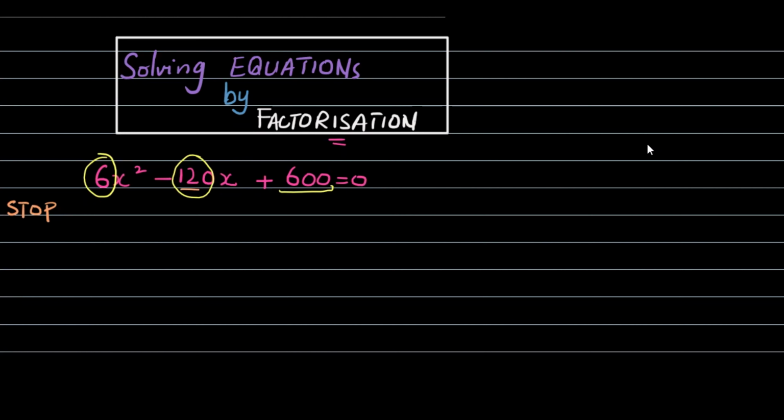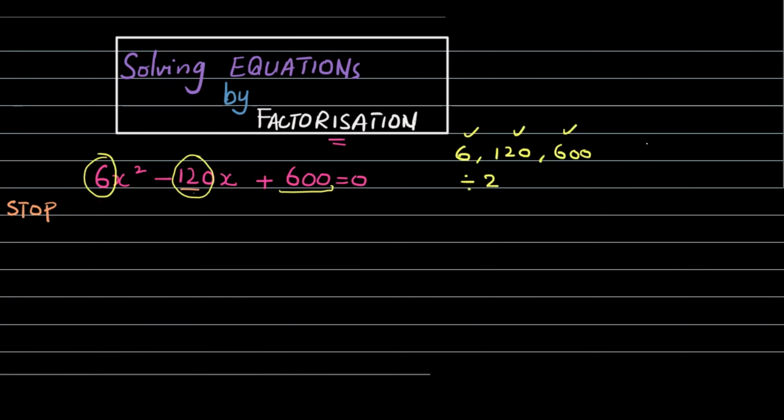So it means 6, 120 and 600. These three numbers are divisible by 2. Yes, 2 से divisible हैं ये. Divide हो सकते हैं. Any other number? Divisible by 3. Alright. Any other number? Divisible by 6. So it means that the highest common factor is 6.